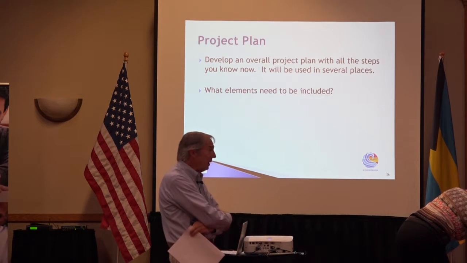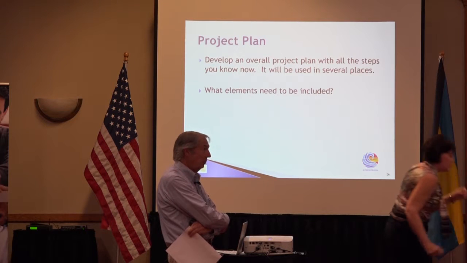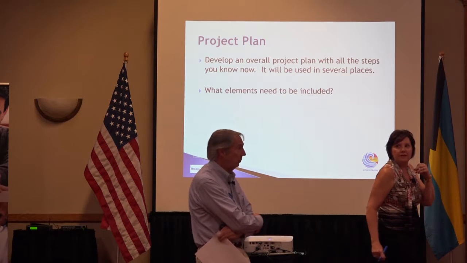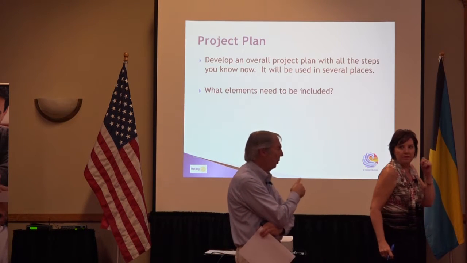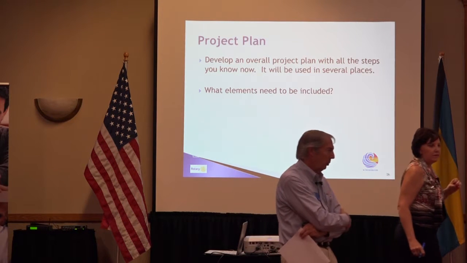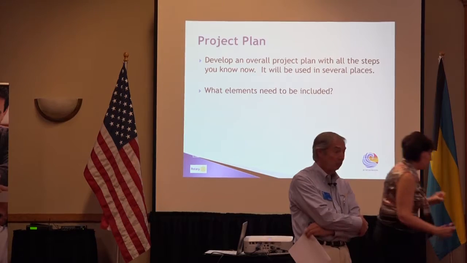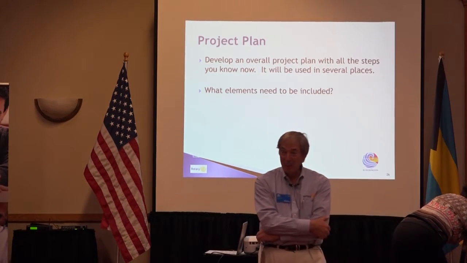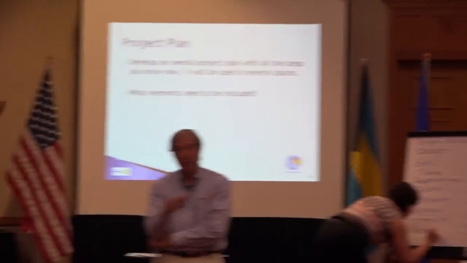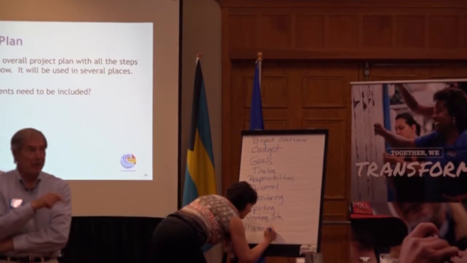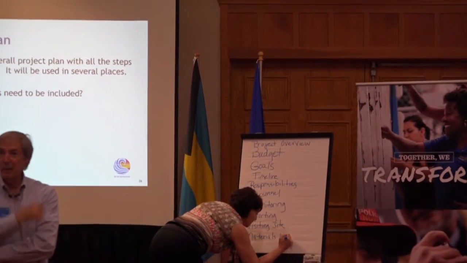Buying materials. You might have to buy something, you gotta know what you're gonna buy, right? We had a budget, so it might be that your budget had that in it, but you got a materials list. Any project, a lot of people are pretty good at this because you've done projects other places. But as you think about all of this, it's going to get a little more complicated.